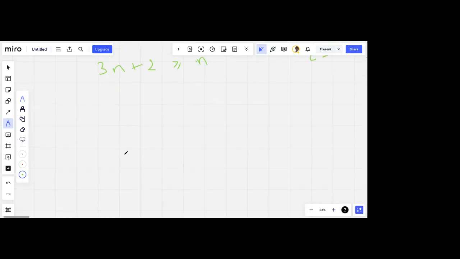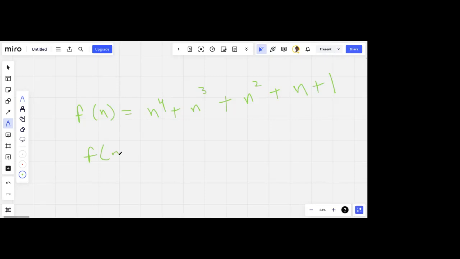So just see this. If I have f of n equal to n to the power 4 plus n cube plus n square plus n plus 1, can I say that f of n, now guys, I want everyone to write a yes or no in the chat. Can I say that f of n is equal to omega of n to the power 4?